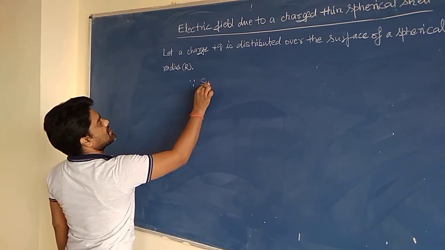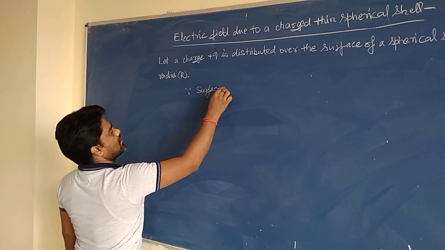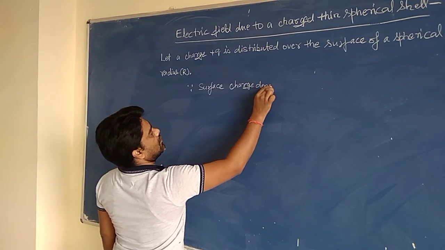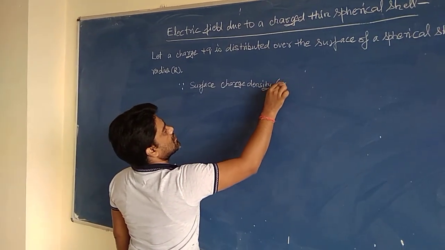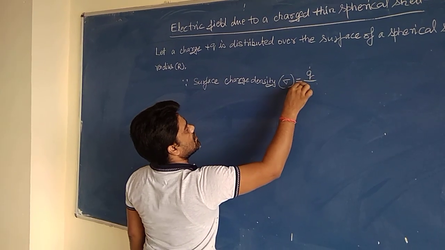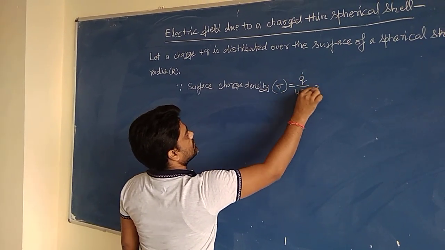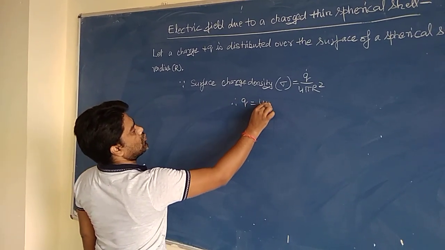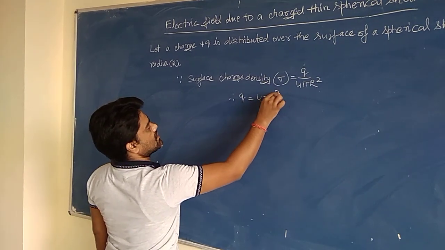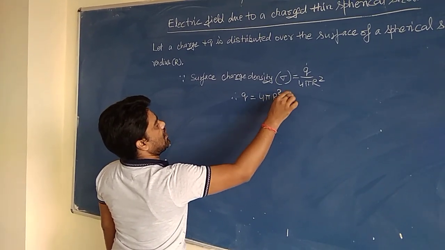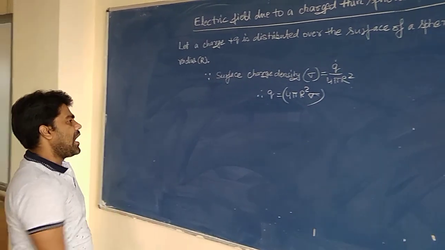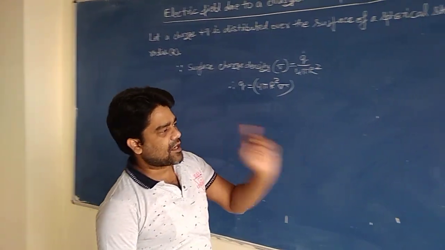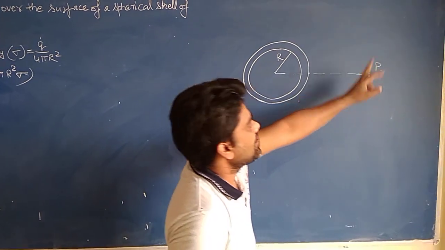Since surface charge density sigma equals charge per unit area, we can write the value of Q as 4 pi r square into sigma. Now we have to determine the electric field at point P.